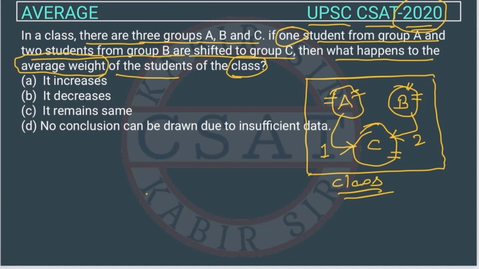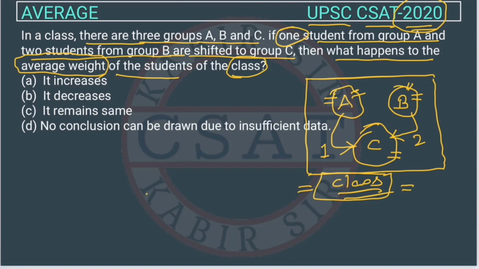If we are calculating the average weight of the whole class, it will remain the same. Because according to the average formula, in the numerator we write the weight of each student, and the denominator is the total number of students in the class.